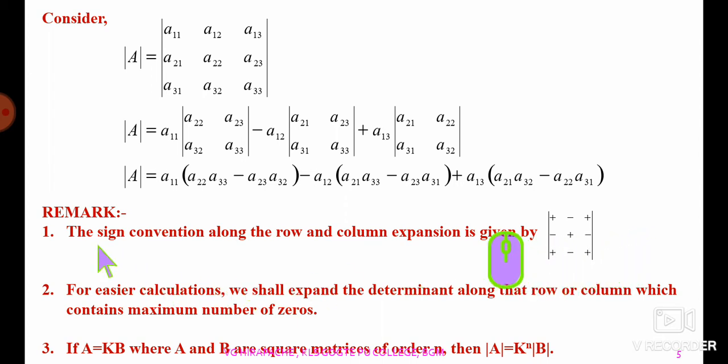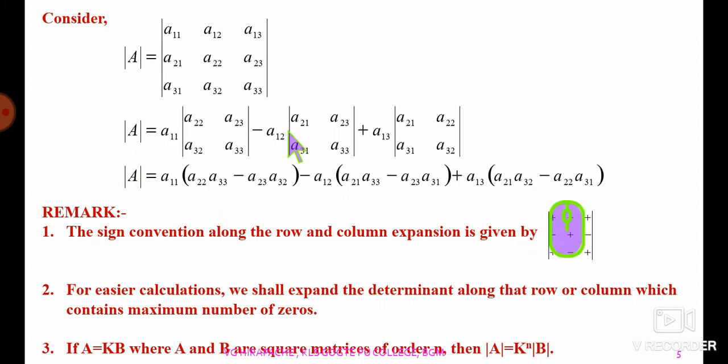My dear students, in this case we can see the remark. The sign conventions along the row and column expansion are as follows. If I evaluate the determinant along the first row, the sign conventions will be plus, minus, plus, as we wrote here.